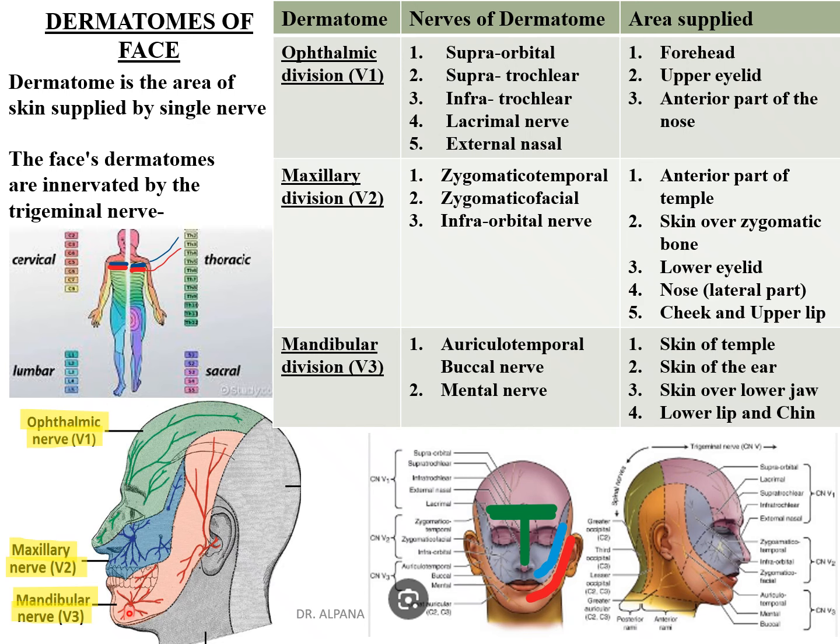In face, the area marked in green is supplied by ophthalmic division of trigeminal nerve. It is the dermatome of ophthalmic nerve. The area marked in blue is supplied by maxillary division of trigeminal nerve, and it is the dermatome of maxillary nerve. The area marked in orange is supplied by mandibular division of trigeminal nerve, and it is the dermatome of mandibular nerve.